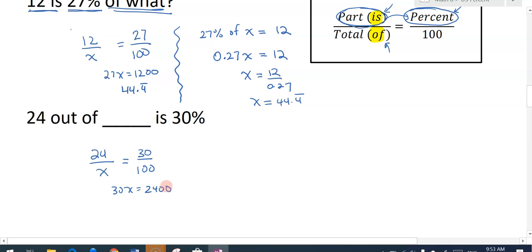Divide both sides by 30, and we get x is 80. 24 out of 80 is 30%. So sometimes you need to find what the total is when you're given the part. Okay? Sometimes we find the part when we're given the total, and sometimes we find the percent when we're given both the part and the total. Those are the three different things I can ask you. 100 is always there because in percent, that's what it means, out of 100. That part is always there.